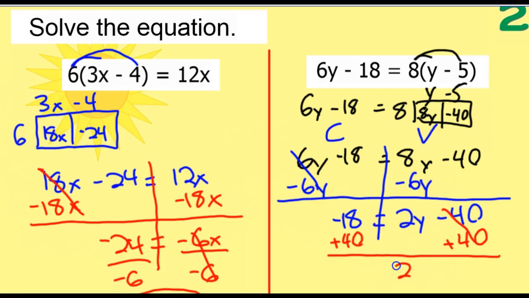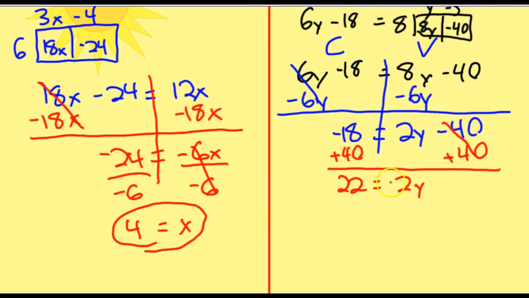So we get 2y equals negative 18 plus 40, which gives us positive 22. Last step, divide by 2. y equals 11.